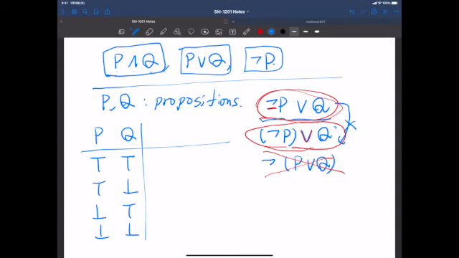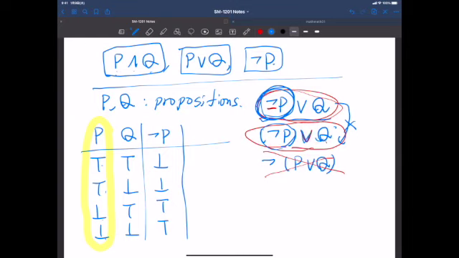First of all, we derive the values of not P. Just looking at this column, we can just swap the truth values. So if true, then this is false. If this is true, this is false. This is false, this is true. False, true.